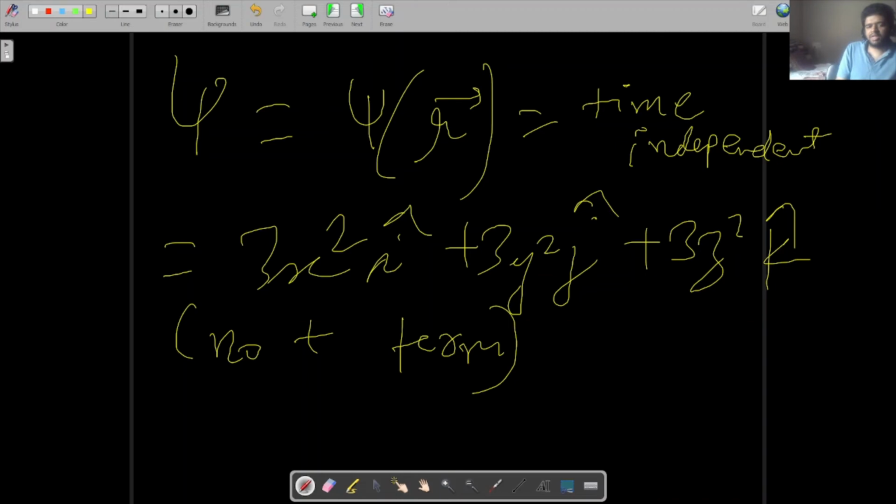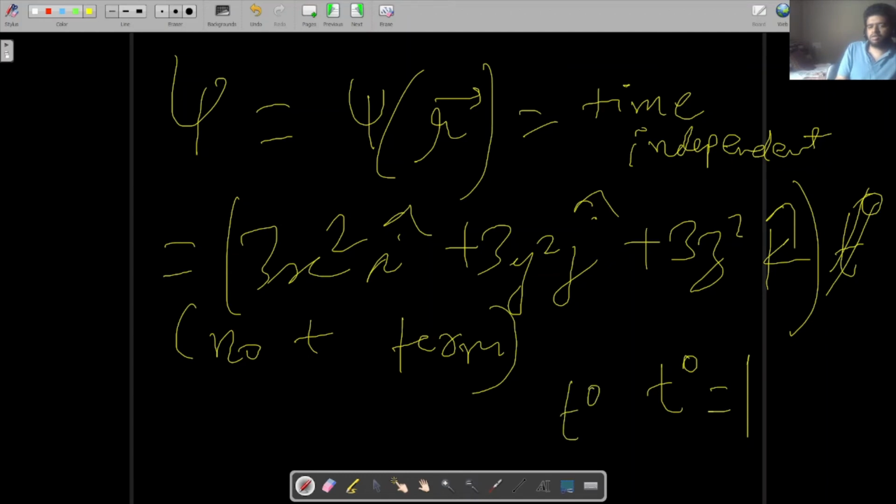Time independent means the power of t will be 0. Anything to the power 0 is always 1. So basically t power is 0 in time independent Schrodinger wave equation, and this term will ultimately be 1.